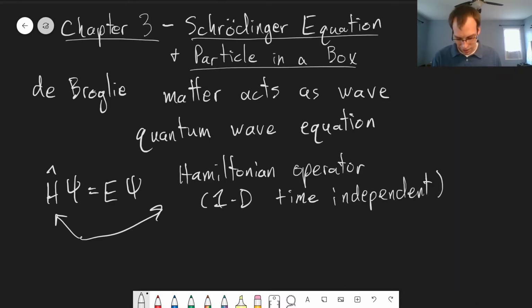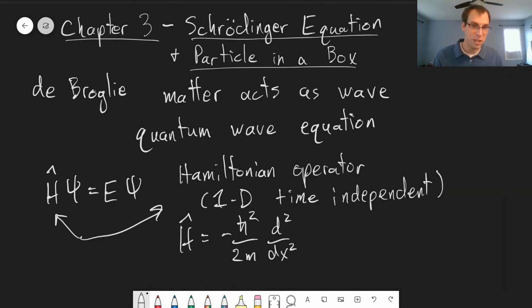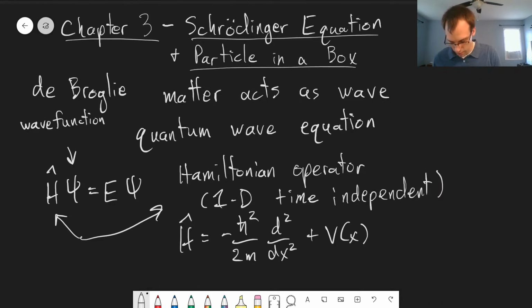And so the H here looks like this: negative h bar squared over 2m, second derivative with respect to x, being our one dimension, our variable, plus some form of potential energy. And so that's the H. The psi here, this is what we call the wave function, and this is the Greek letter psi that's generally used to represent a wave function.